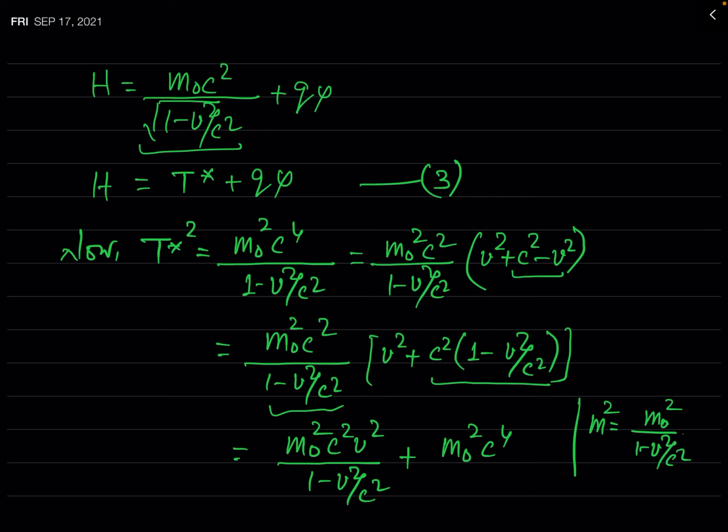So you can see in the first term there is m naught square by 1 minus v square by c square, and so you can write m square instead of that. So this expression will be simply m square v square c square plus m naught square c4.